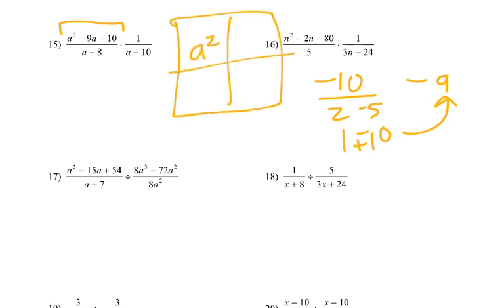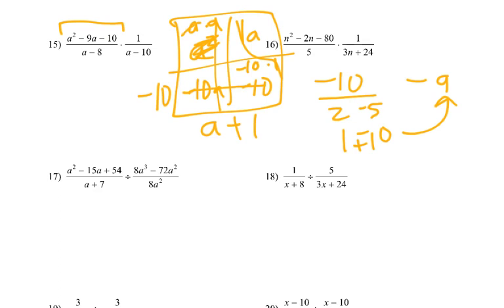So a squared, which we know is a times a, negative 10, which we know is negative 10 times positive 1, and 1a, negative 10a. So we pull out the 1, that's positive, pull out an a, pull out a negative 10, and pull out an a.